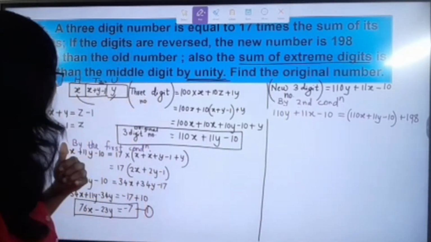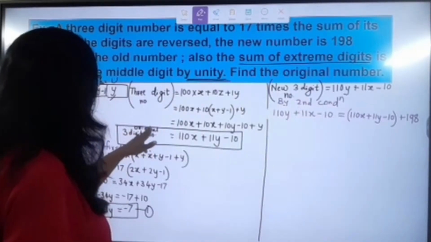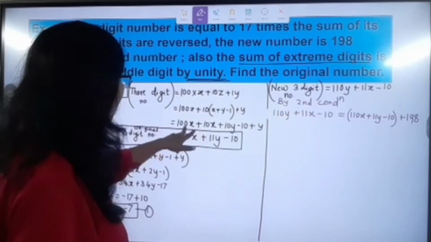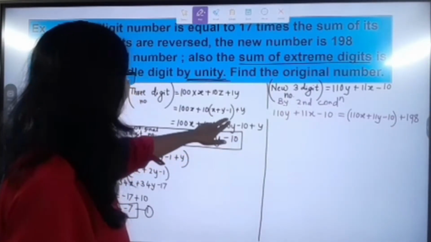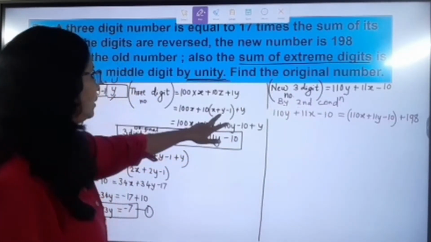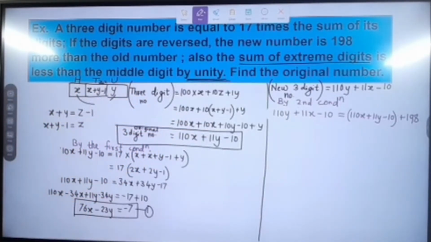Students, there is a mistake. The sum of extreme digits is less than the middle digit by unity.